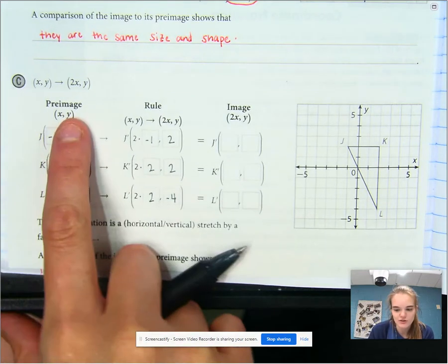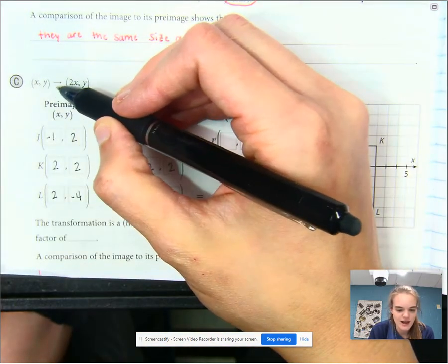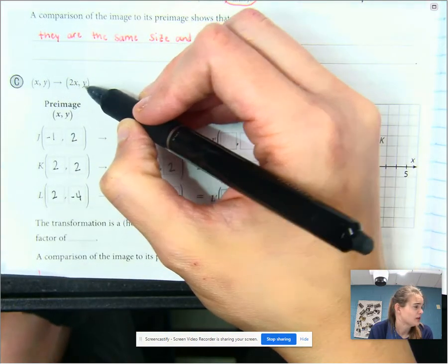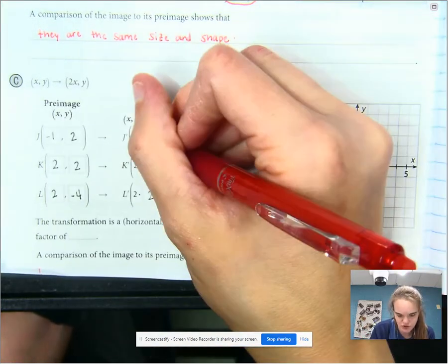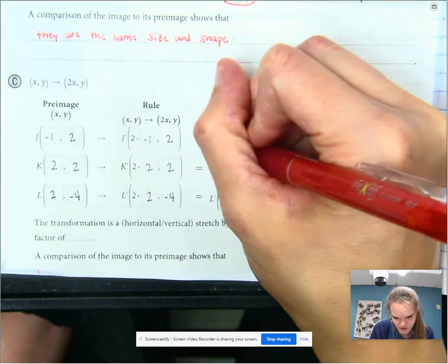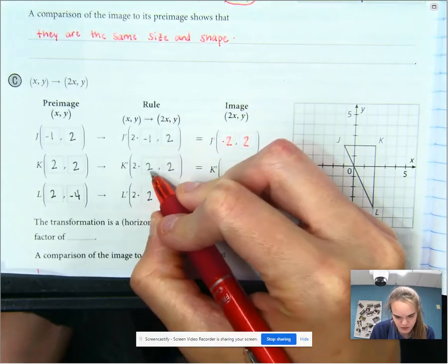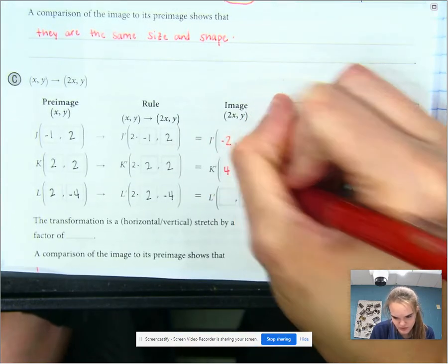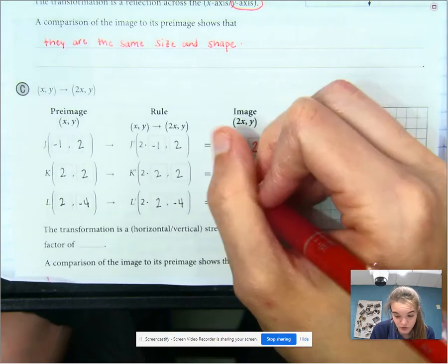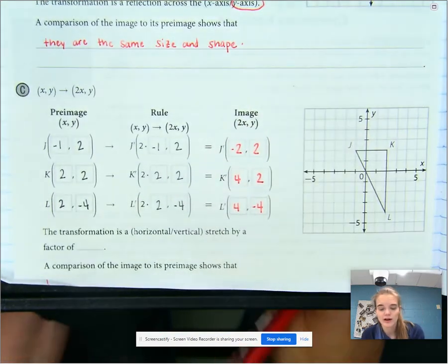Okay, so the pre-image to the image is take x, y and multiply the x by 2, leave the y alone. -1 times 2, or 2 times -1 is -2. Leave y alone. 2 times 2 is 4. Leave y alone. 2 times 2 again is 4. Leave y alone.